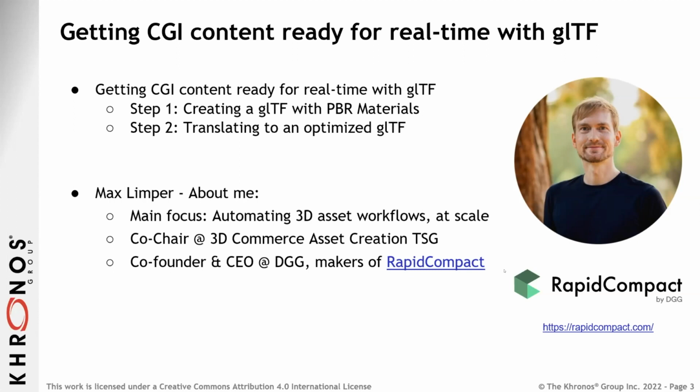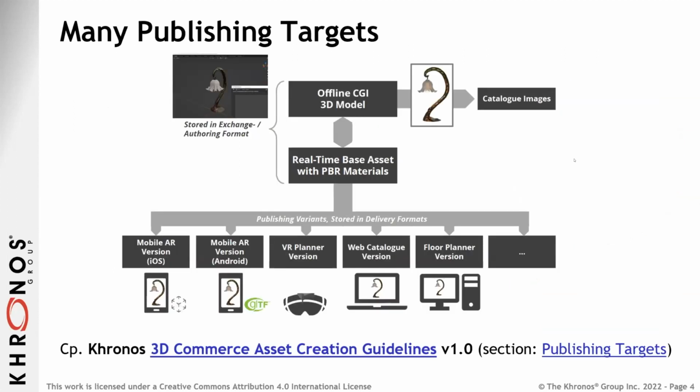I'm going to talk more about that later during the presentation and show an example. So diving right in, if you look at classical 3D workflows for e-commerce, then you will see that the most prominent use of 3D technology in e-commerce is actually generating nice pictures for your catalog, right?